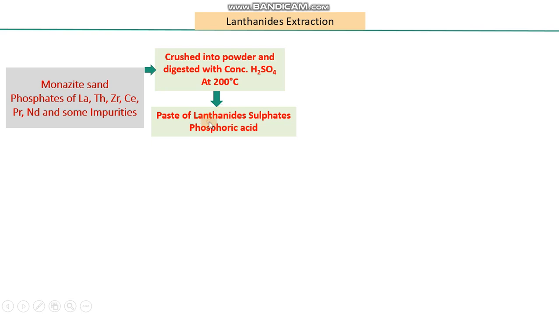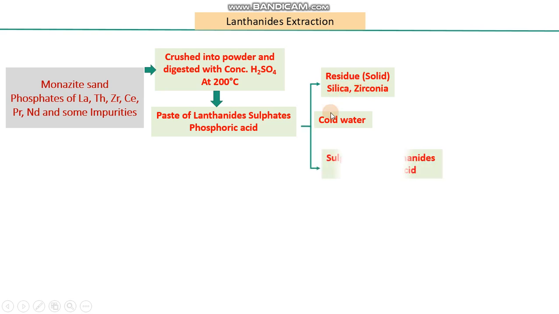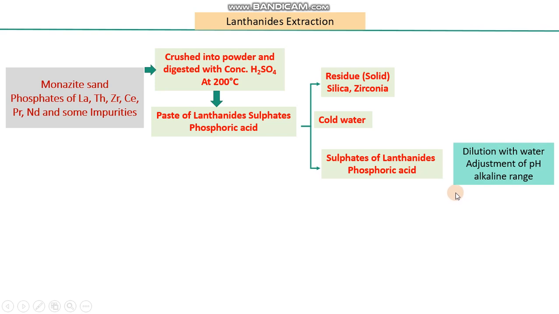This paste is now treated with cold water, and upon treatment with cold water, we get solid silica and zirconia, which can be separated by filtration from the solution, and the solution contains sulfates of lanthanides plus phosphoric acid. Now, this solution can be diluted with water.